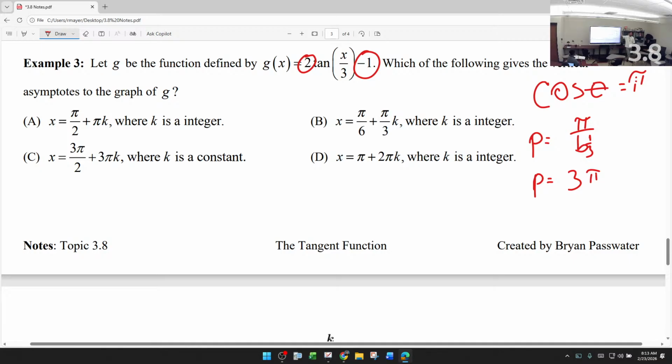Normally tangent's pi, but I don't care about tangent. All I care about is cosine. So when cosine is 0, normally it happens at pi over 2. However, because my period is 3 pi, and it normally happens at pi over 2, I'm going 3 times as fast.